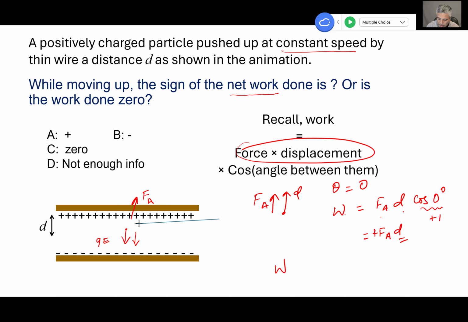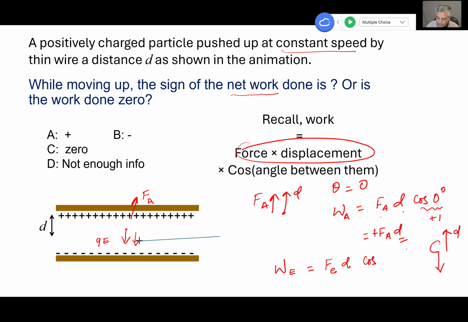Now, that was the work done by the applied force. Now, work done by the electric force, for example. How do we find that? Electric force times displacement times cosine of the angle between them. So in this case, electric force is down and displacement is up.